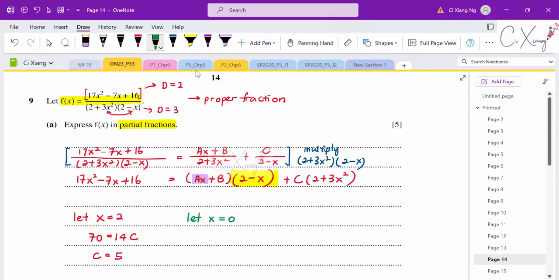When you let x equal to 0, the left hand side is left with only 16. 0a means 0, 2 minus 0 means 2. So 2 times b, so for the right hand side, you're having 2b here. x is 0, so you're having 2c. What's the value for c just now? 5. So 2 times 5, you get a 10.